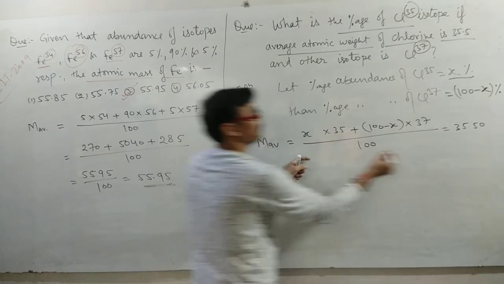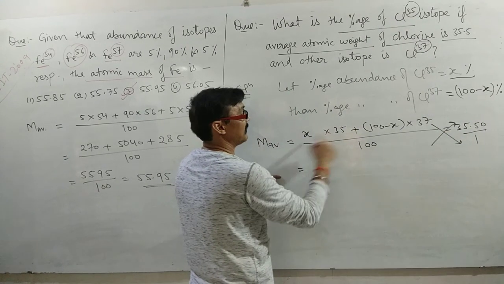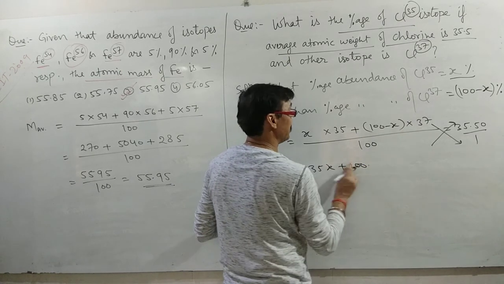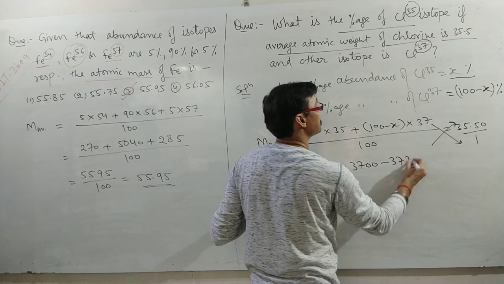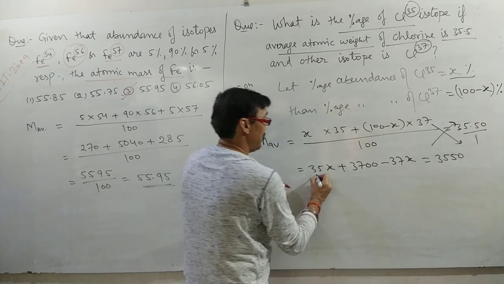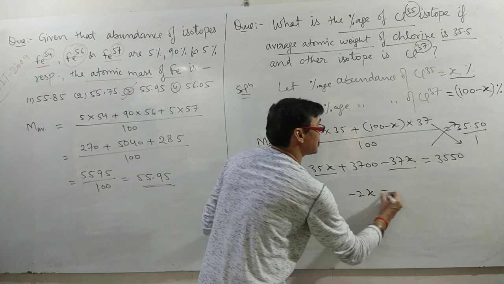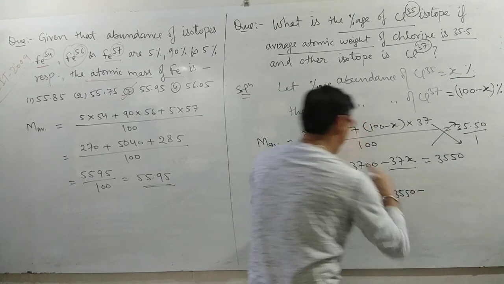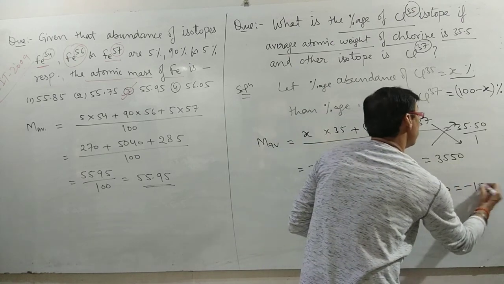So ultimately, on solving this by the cross multiplication method, we will get 35x plus 100 into 37, that is 3700, minus 37x, equal to 3550, that is 35.5 multiplied by 100. 35x minus 37x, that is minus 2x, is equal to 3550 minus 3700, which is minus 150.